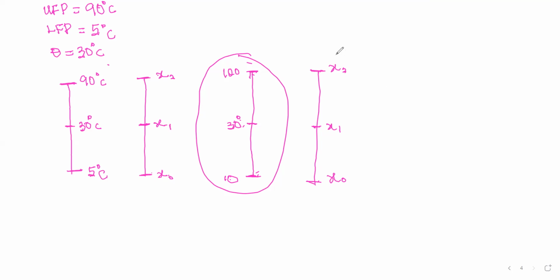Okay, so let's discuss this one. So if we happen to be given lower fixed point of 0, upper fixed point of 100, then 30 degrees Celsius will be equal to 30 centimeter length of mercury. Class, are you with me?